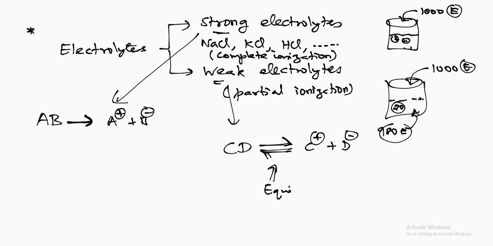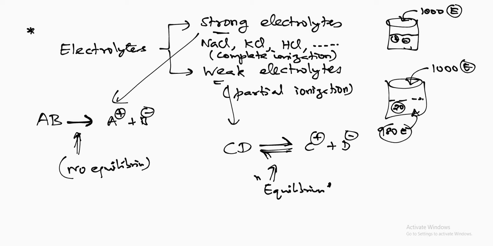Whenever you have a reversible process, a reversible reaction, then the reaction will attain equilibrium. Here we don't have any equilibrium, no equilibrium here. So keep this in mind. In electrolytes we have strong electrolytes and we have weak electrolytes.